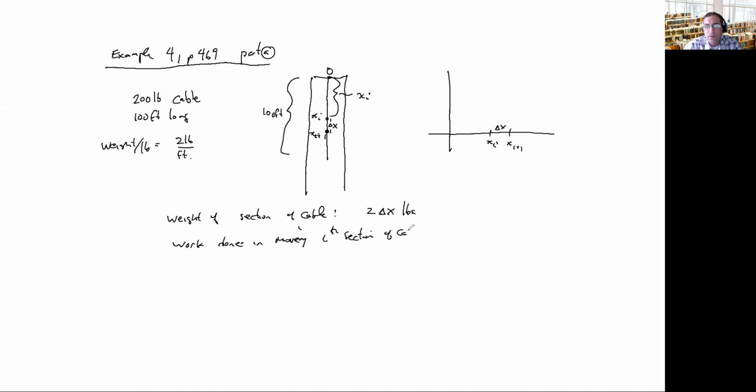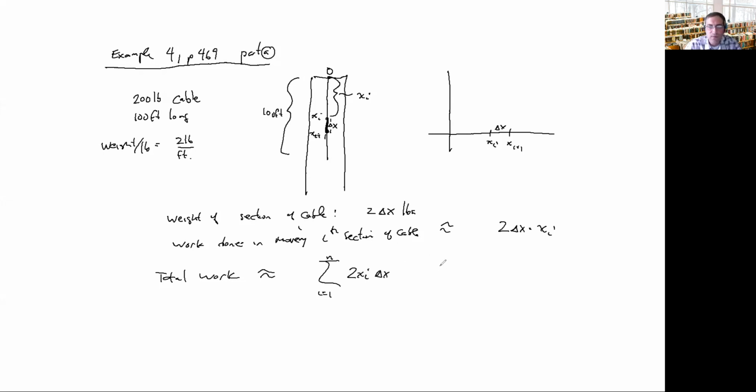So the work done in moving the ith section of cable, this little piece, all the way to the top, is 2 delta x times xi. It's not exact because the force is not constant along that section of cable. Now, if we move every section of cable, the total work is approximately the sum over i from 1 to n, say there are n sections, of 2xi, and I'll put the delta x at the end.